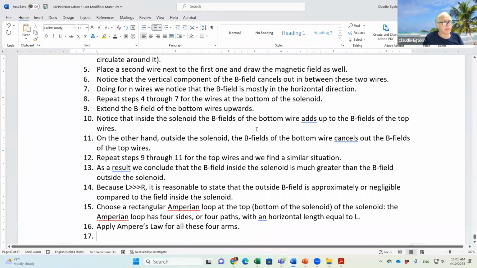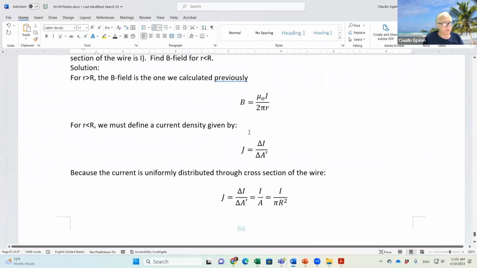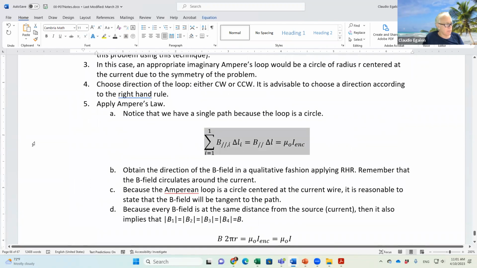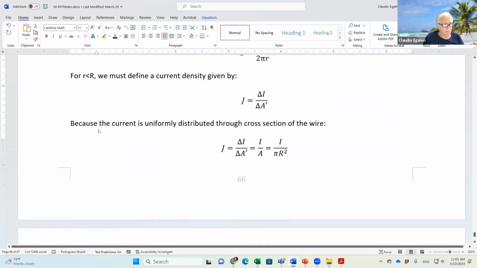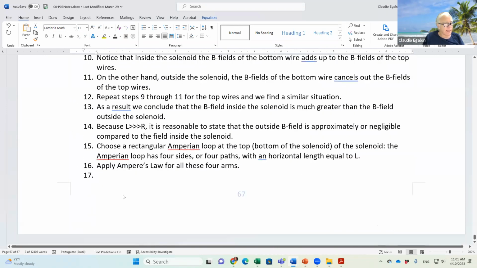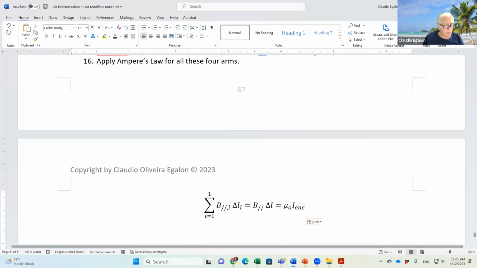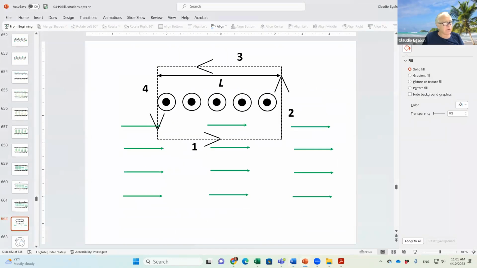And now we're going to do the actual calculation. Here you go, right in here. Don't forget, I have already chosen the direction of my loop. My loop is in which direction? It's the counterclockwise direction. I choose the counterclockwise direction because this path here is parallel to the B field inside.